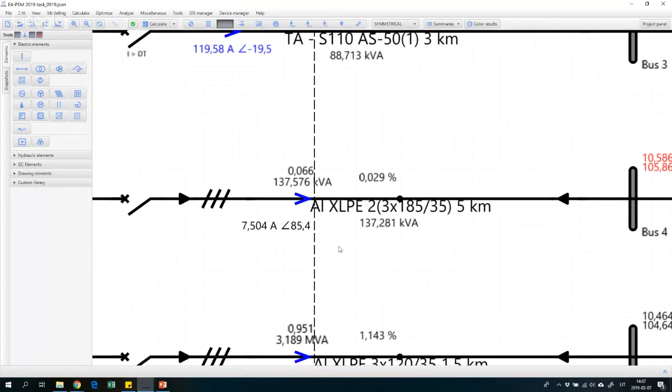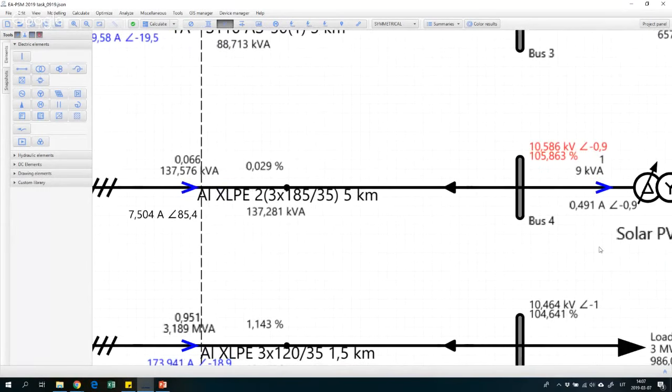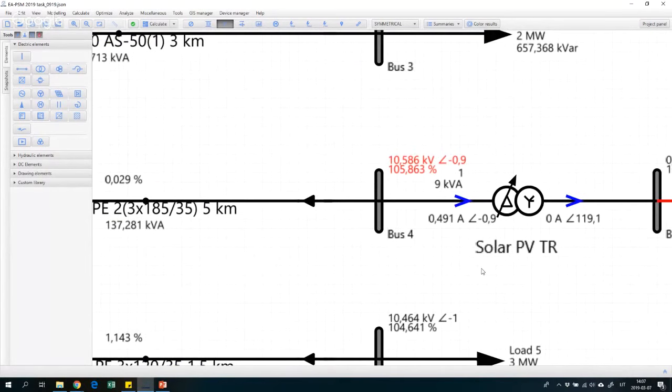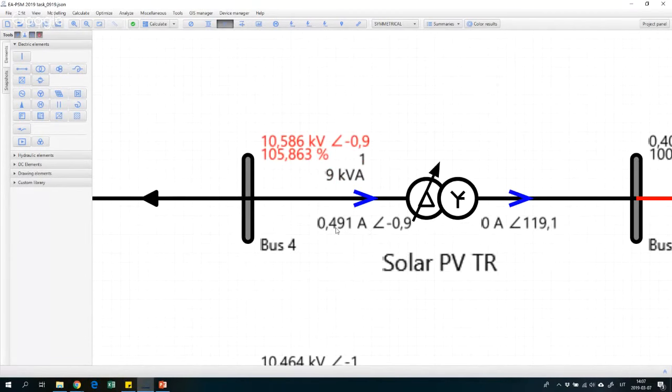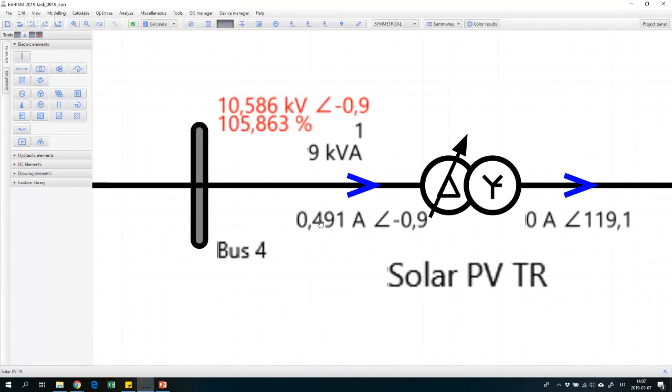If we go closer to the transformer, we will see that the transformer consumes about half an amp of current, 0.5 amps, and this current has the same angle as our voltage, so it means that it is pure active current.